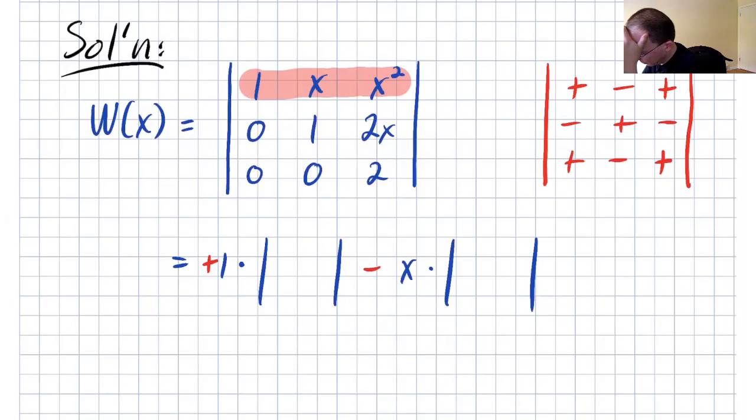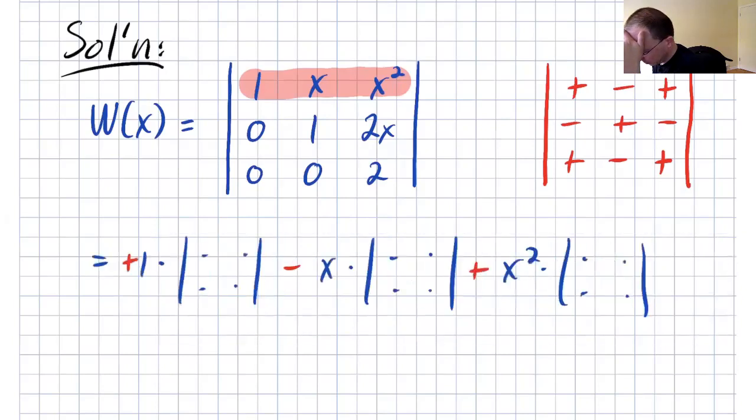And then we have plus x squared times a 2x2 determinant. Okay, so we still have to figure out what this is. So I'll just put these dots in here for now to indicate that these are 2x2 determinants, and we'll have to fill those in a second. And just in case we need more space, let me move this over here.